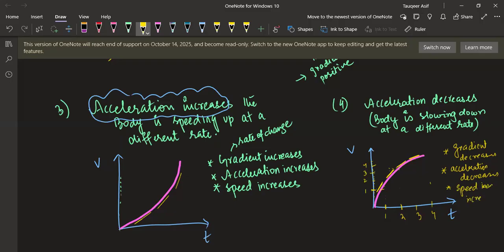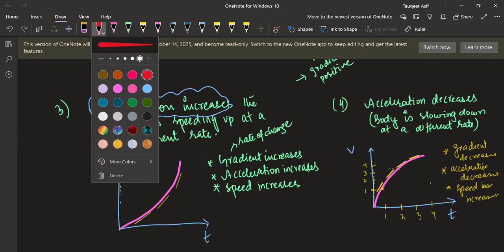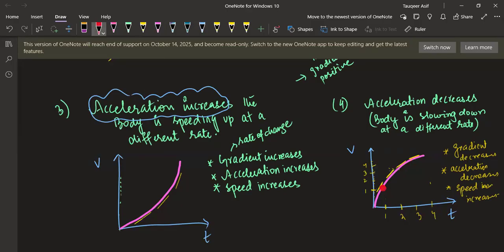Okay. See, if the body is here, let me put more. If the body is here, at 1 second, now tell me in the next second, if you say that the speed is decreasing, will the body have to be there or here?